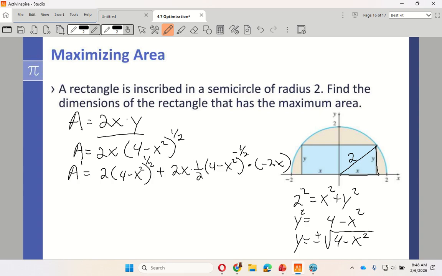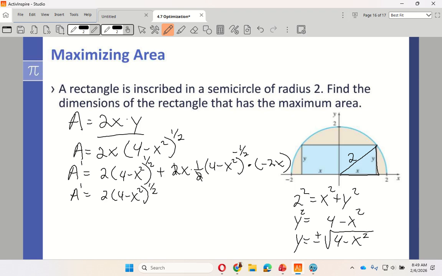So I'm going to have to do a lot of cleaning up here, though, but it's going to make my life a whole lot easier. So A prime is equal to 2 times (4 minus x squared) to the 1/2. This 2 and this 2 go away, and then I have an x times x.